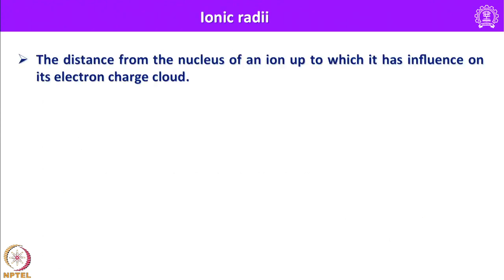And let us look into the ionic radius. The distance from the nucleus of an ion up to which it has influence on its electron charge cloud is termed the ionic radius. I repeat again, the distance from the nucleus of an ion up to which it has influence on its electron charge cloud or electron density is termed the ionic radius.